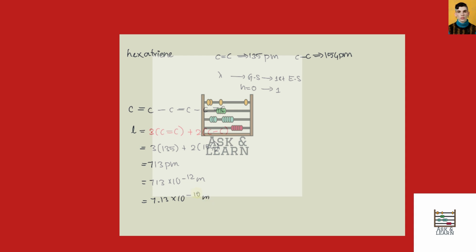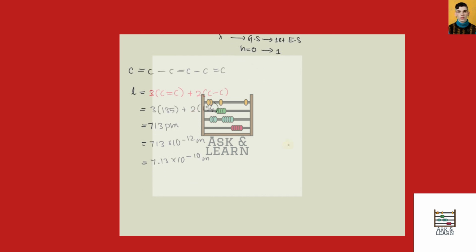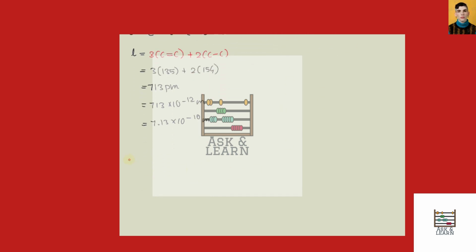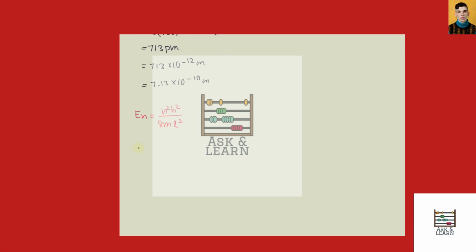Using this, we are going to find the energy corresponding to each level, which is given by the formula E of n equals n square into h square divided by 8m into L square. We know that E of 0 will be equal to 0 because the n square value is 0.